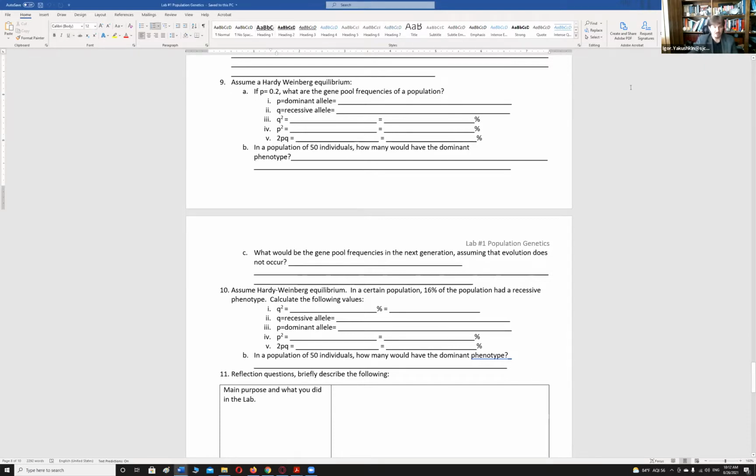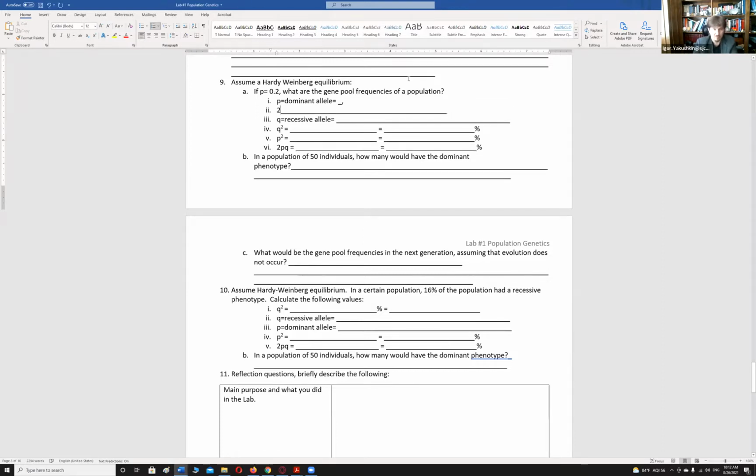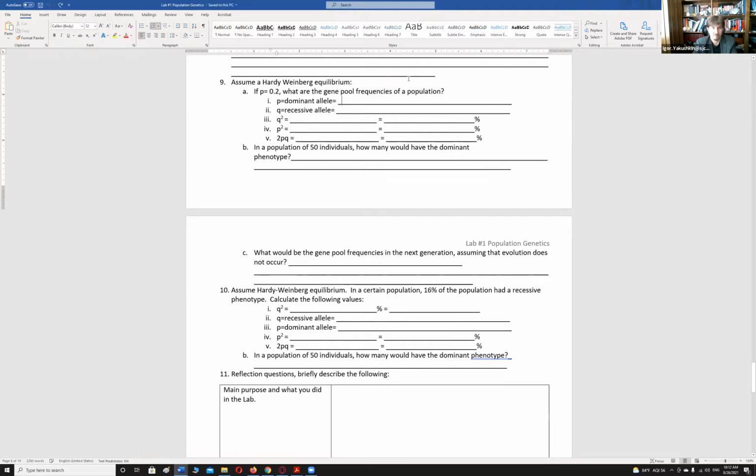I guess I can type it in. So let's see. This is 0.2. This one we decided is 0.8. Okay, cool. So that one becomes 0.64, or just 64%.